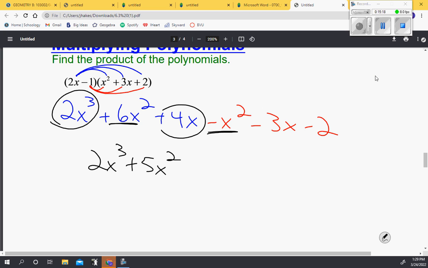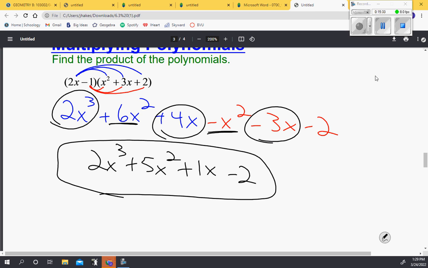Okay, we have a 4x and a negative 3x. That's really just 4 minus 3, which is 1x, positive 1x. And then this negative 2 just falls down. So when we multiply everything out, and then combine like terms.